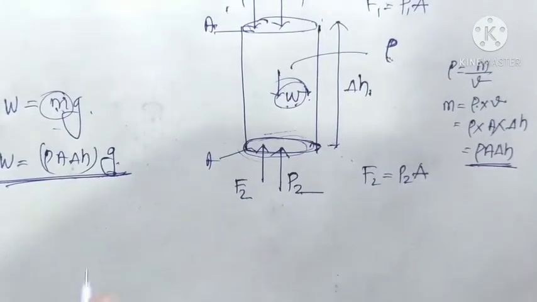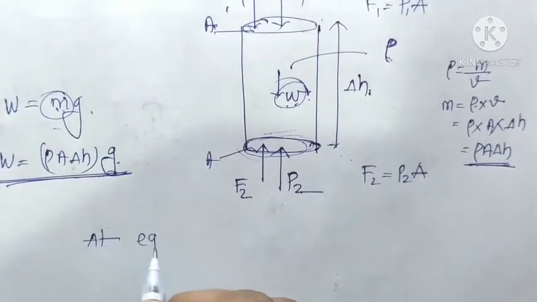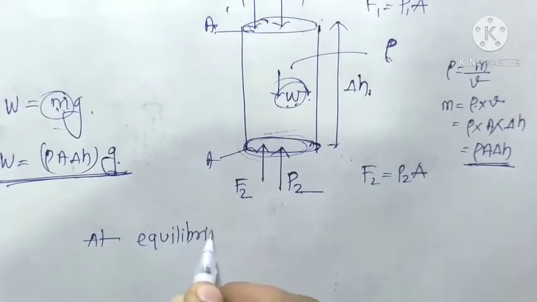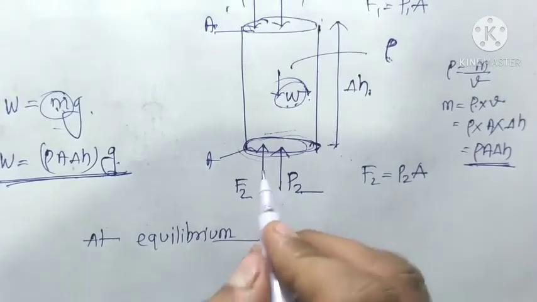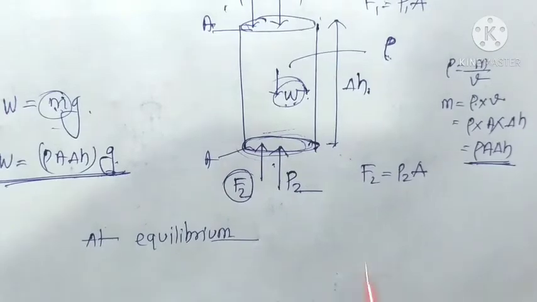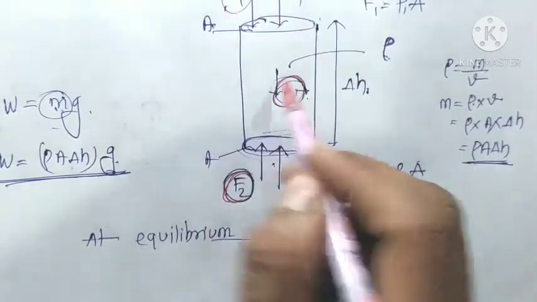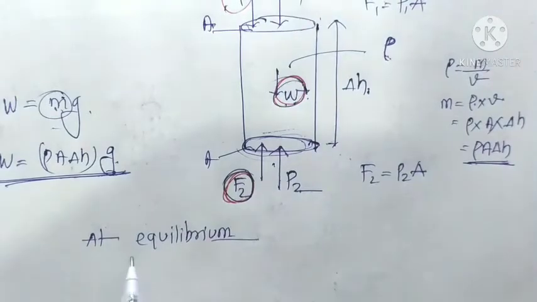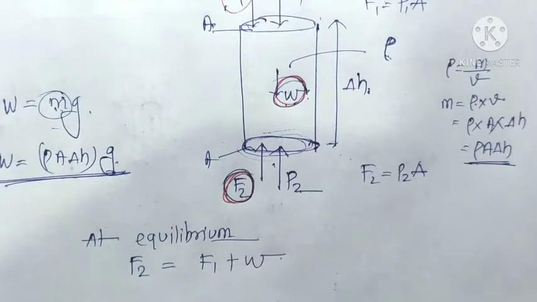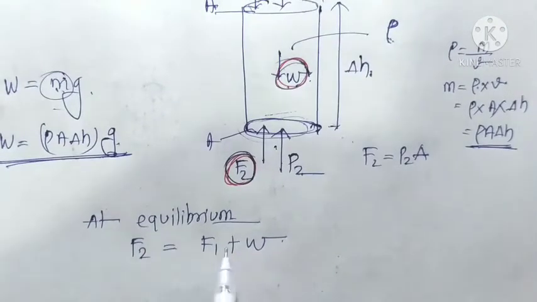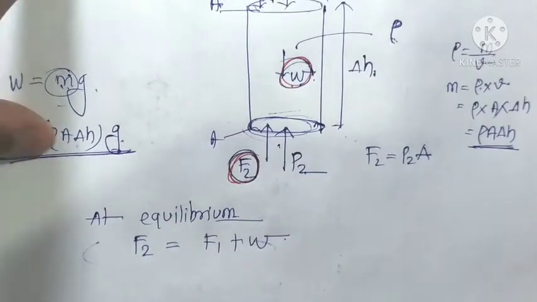So at equilibrium condition, this force F2 must be equal to F1 plus W. Okay, so F2 is equal to F1 plus W. Now we put all the respective values here.